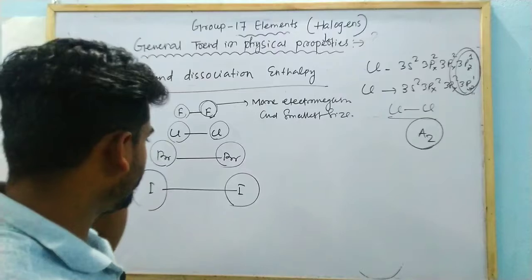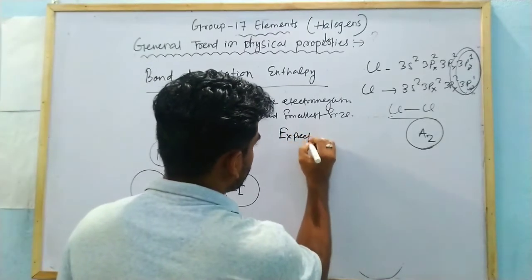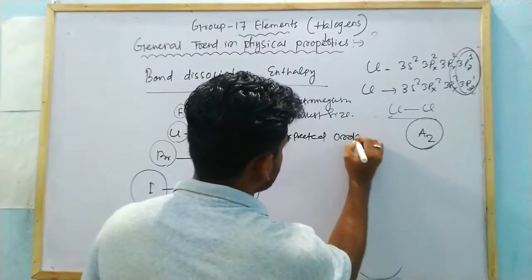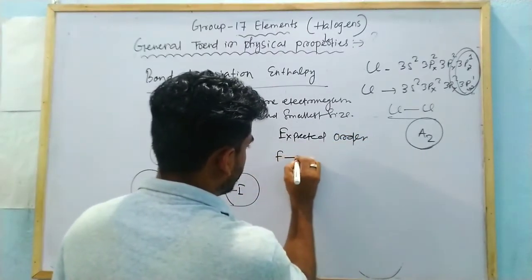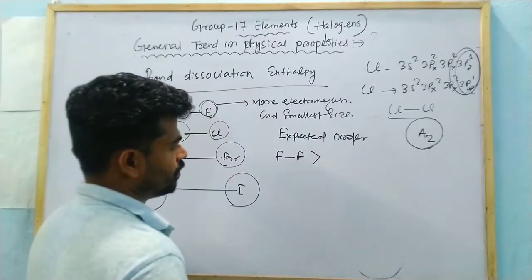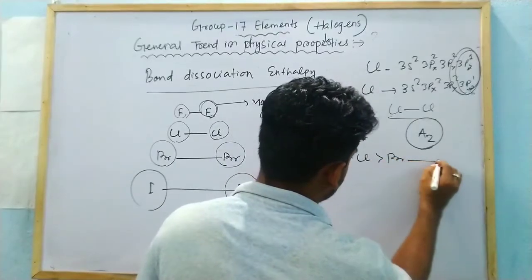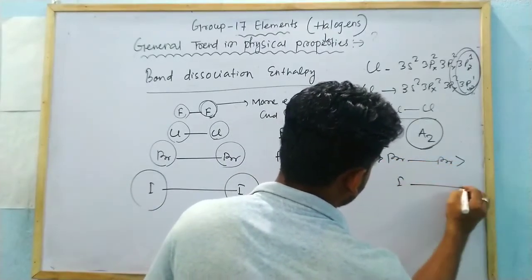But the trend is not like this. The expected order would be the F2 molecule requiring the most energy for breaking the covalent bond, then Cl2, then Br2, and the final one iodine.